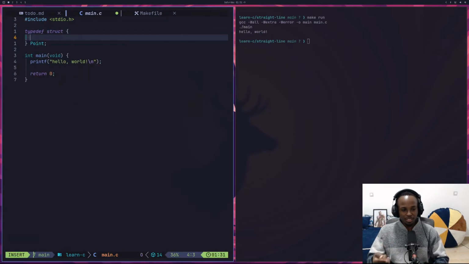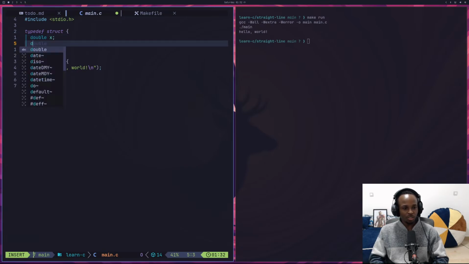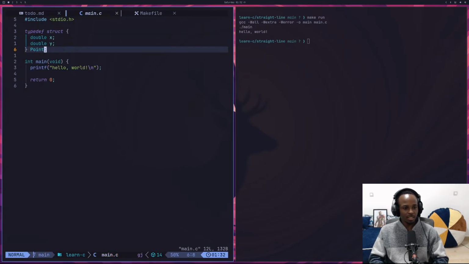And then a point has an x coordinate, so we'll just use double for that, because it can be something like 2.2, 3.5, etc. So we'll say double, and that is the x coordinate, and then double, which is the y coordinate.